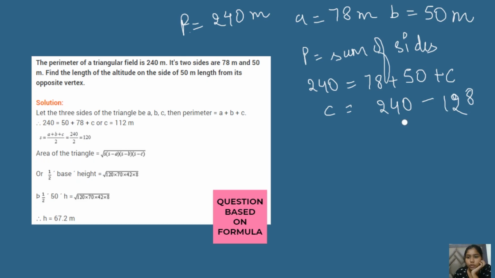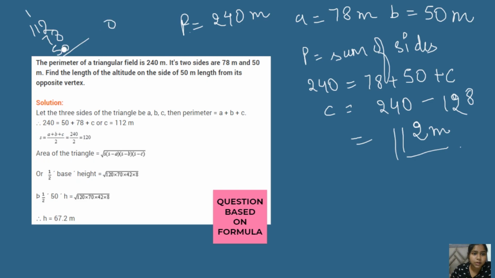So C will be 112 meters. This will be the value of C. You can just confirm it by adding all the terms, right? Okay, now this is the value of C.